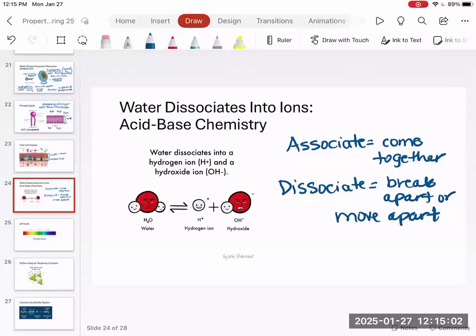And in particular, water breaks into a hydrogen ion, which ends up with a positive charge, and what's called a hydroxide ion, which has a negative charge.